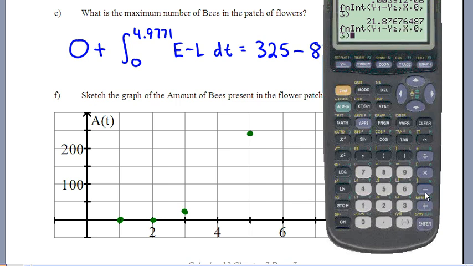We'll try it again out to time 4. They pretty much all find this flower patch at once. So when you get to time 4, a whole bunch will have arrived and some will have left already. And we're up to 149. So right around here. We kind of know what 5 looks like. Let's look at 6.